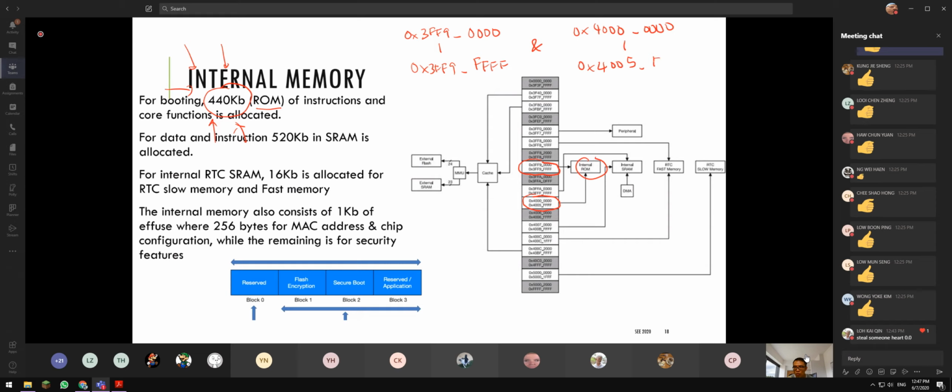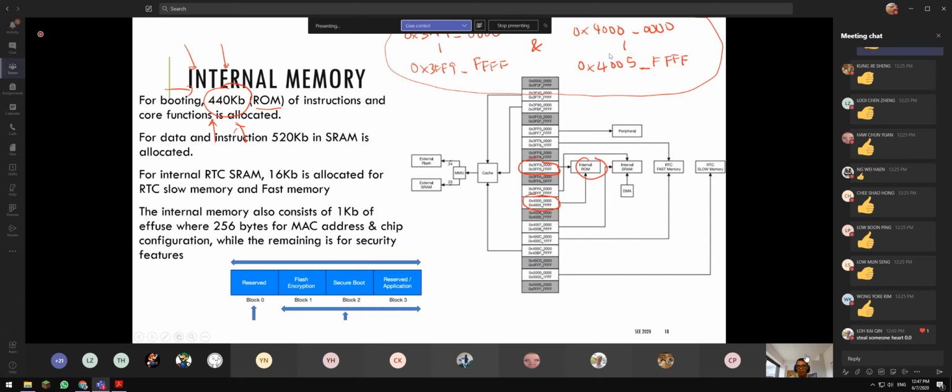If you don't know how to calculate this, it means you are, I'm not sure. Can you tell me how many KB, how many kilobytes? Someone, can you use a calculator and try to verify it? Is it really 440 KB?